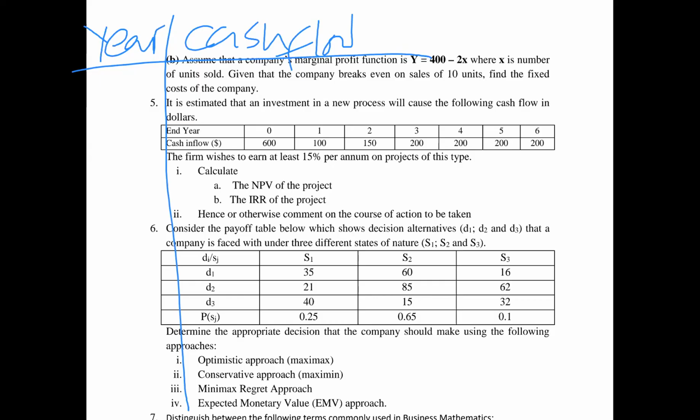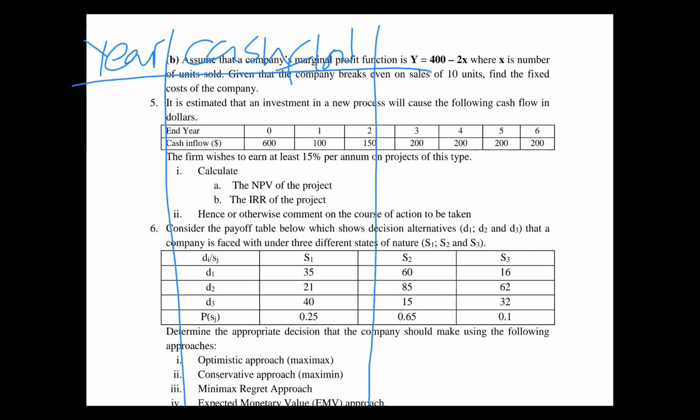Okay. So we can use the payback period to see if this project is good. Question number 5: it is estimated that an investment in a new process will cause the following cash flows in year 0, year 1, year 2, year 3, year 4, year 5, and year 6.